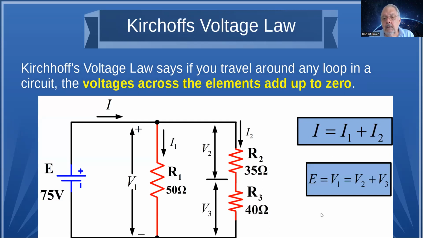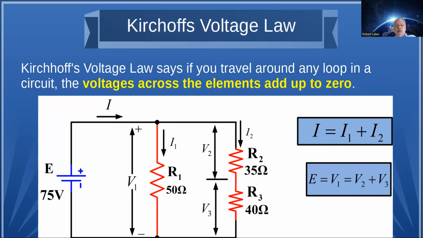If we have this circuit, which we call a parallel, I've got that R1 in parallel with the series R2 and R3. And there's a battery, a 75-volt battery that's supplied to the circuit.